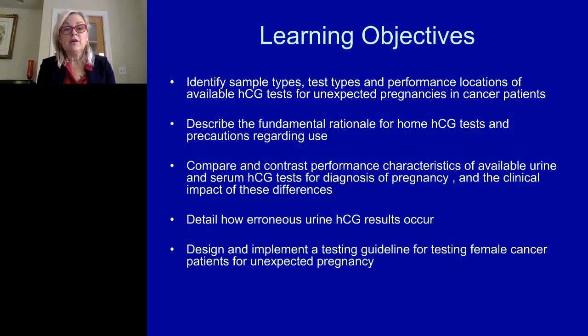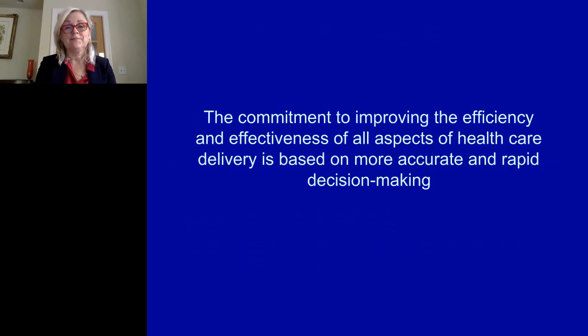And then we'll compare and contrast performance characteristics of available urine and serum HCG tests for diagnosis of pregnancy and what the clinical impact is of these differences. We'll detail how erroneous urine HCG results can occur, and hopefully at the end you'll be able to design and implement a testing guideline for testing female cancer patients for unexpected pregnancy at your clinical setting.